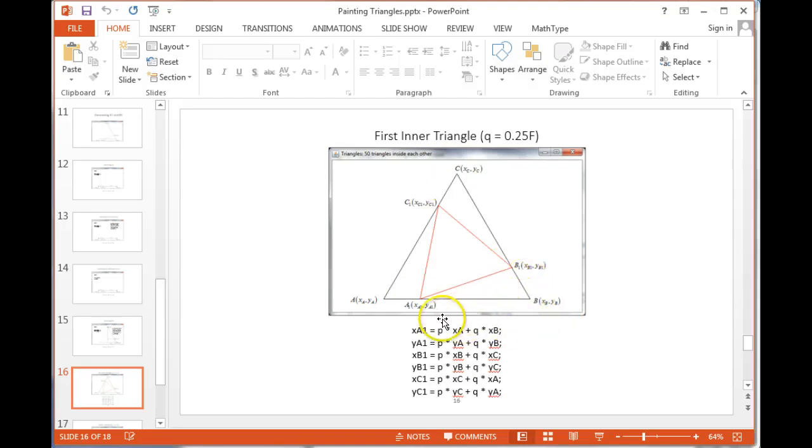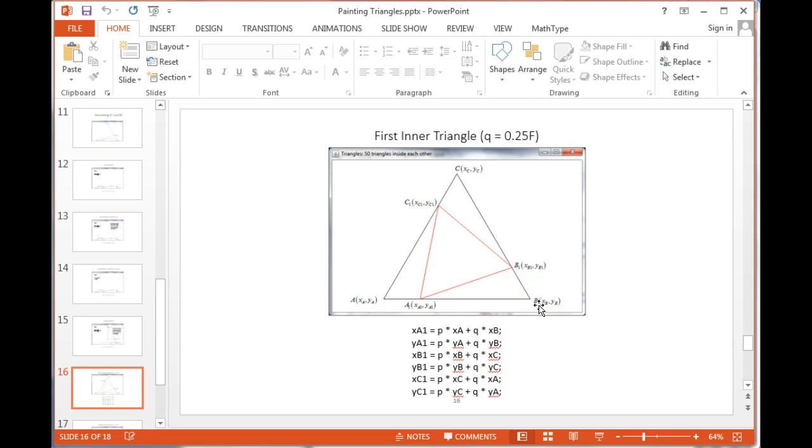So if we reversed the values of q and p, then this vertex, this A1 vertex, would move over here, right? Because we would have this length for q, and then this littler length that used to be q would be over here, right?